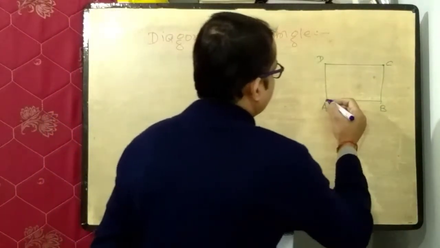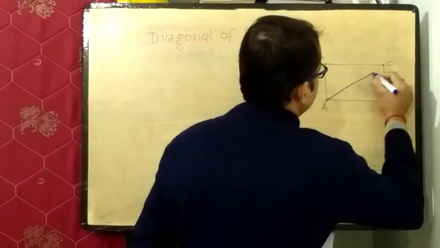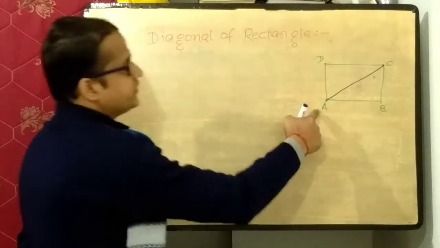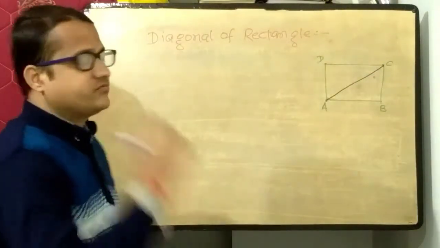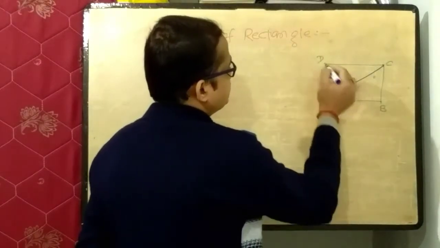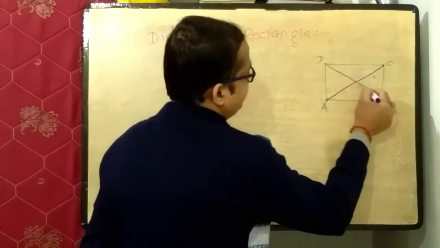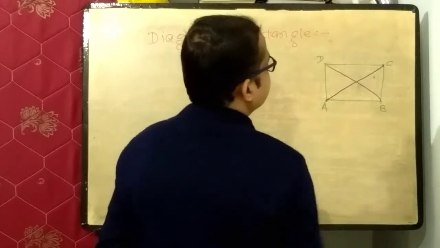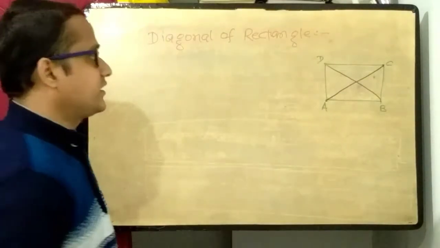Then the line segment joining these two opposite vertices, that means A and C, is the first diagonal of this rectangle, and the line segment joining vertices B and D is the second diagonal of this rectangle.